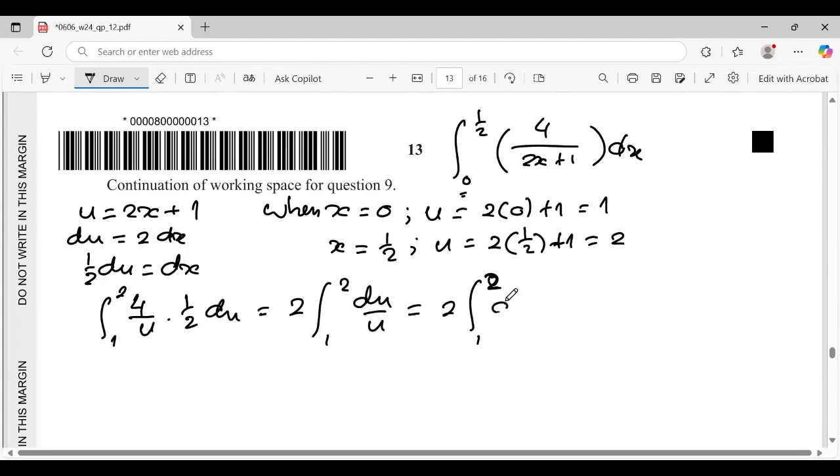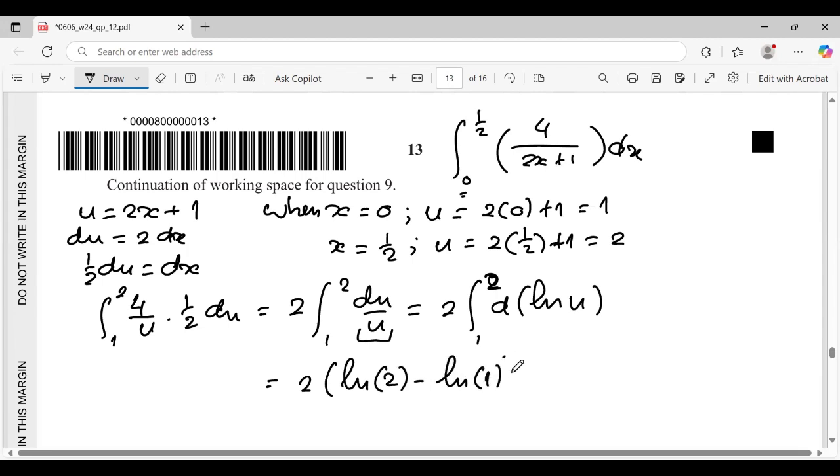The integral of this expression is ln u. So it becomes 2 times (ln 2 minus ln 1), or 2 ln 2 divided by 1. It means ln 2, so it is 2 ln 2. This is the result of this integral.